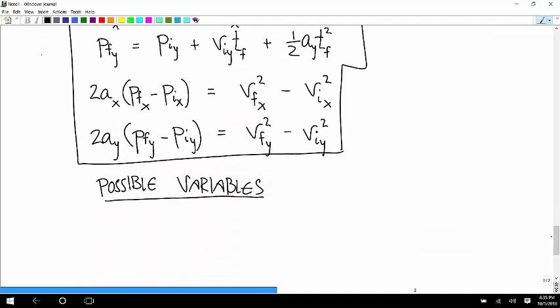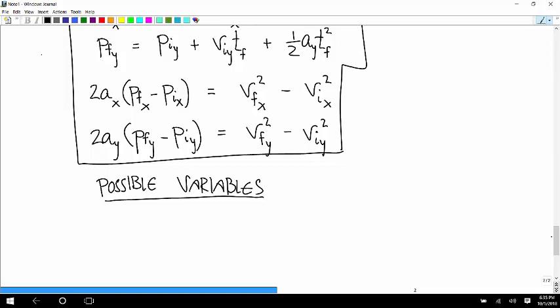Okay, so in 1D, to use the constant acceleration equations, we had that list of, I think it was 6 variables: time final, acceleration, P initial and P final, and then V initial and V final, 7 variables.